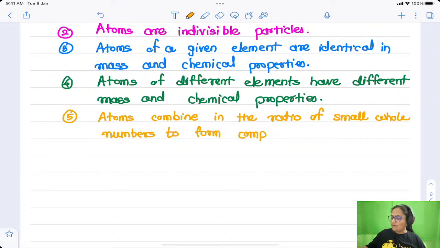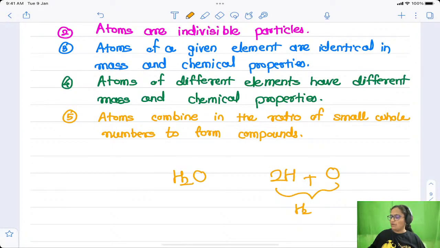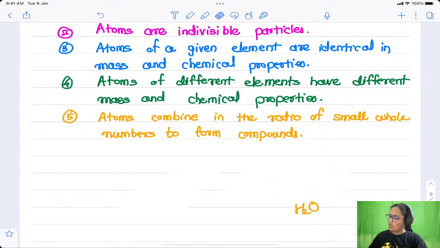What is the meaning of it? I'll explain with the help of a simple example. H2O. Here two hydrogen atoms and one oxygen atom combine to form one water molecule. What is the ratio? 2:1. Just like water, all other molecules are also formed by the combination of atoms in a small ratio. Yes, it is very easy.